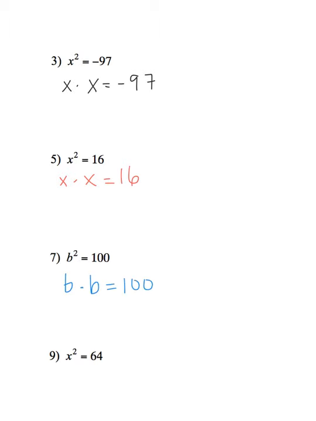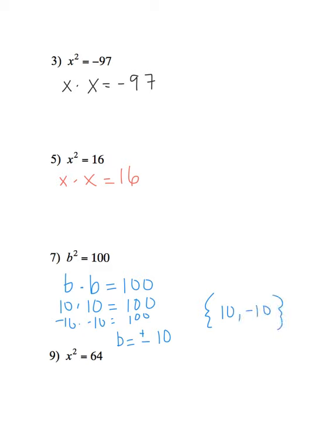So let's look at number 7 first. What number multiplied by itself will give you 100? Well, 10 times 10 is equal to 100. So b is going to equal positive 10. And negative 10 times negative 10 is equal to positive 100. So it's going to be b equals plus or minus 10. Or in set notation, we'd write that as 10, comma, negative 10.